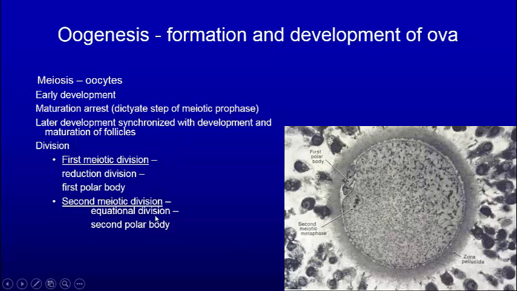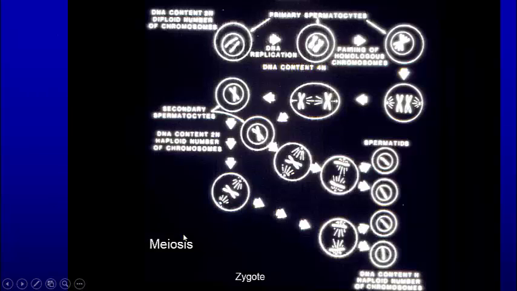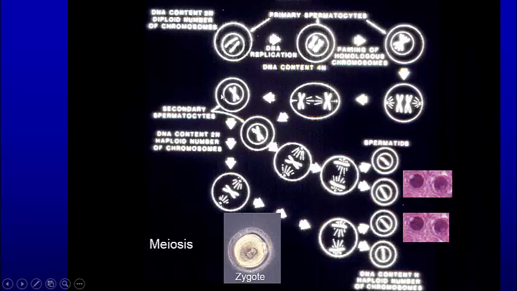Each time, it produces one polar body, but one of those polar bodies will divide, and that makes three polar bodies. So if we look at the meiosis process, you have papa and mama. Both of them are duplicated. You have exchange occur, and then on the first meiotic division, papa pulls away from mama, and then in the second meiotic division, you pull these apart.